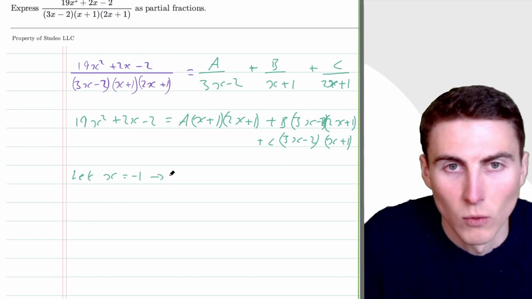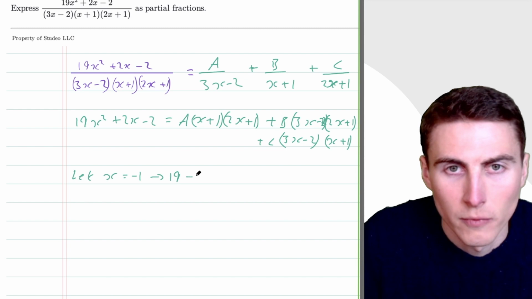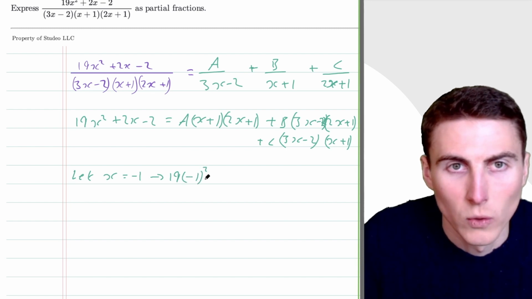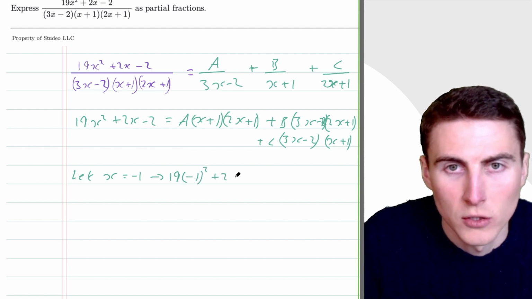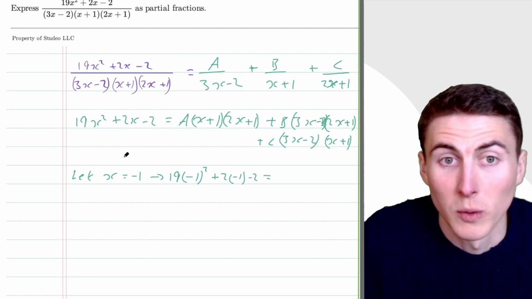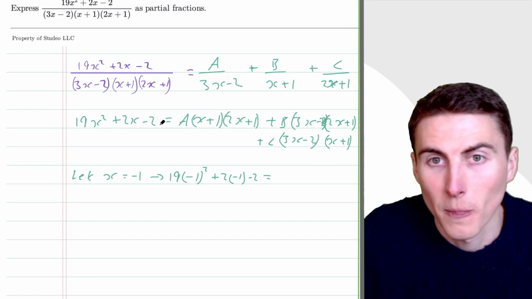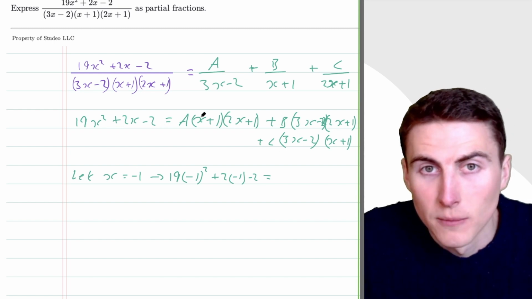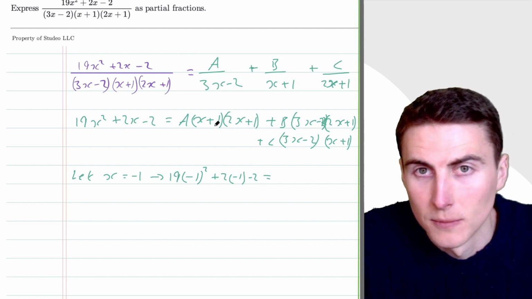So what do we have? Well, we'd have 19 times minus 1 squared plus 2 times minus 1 minus 2. That's what we'd have when we plug in minus 1 to all of these. And then over on this side, this stuff would all cancel out, and this stuff would all cancel out.